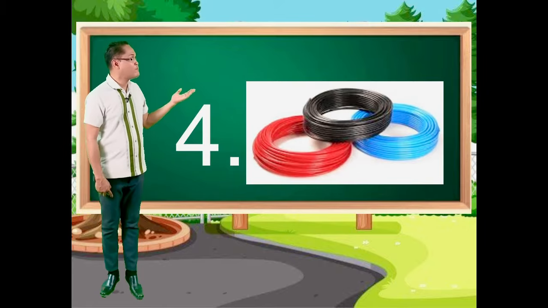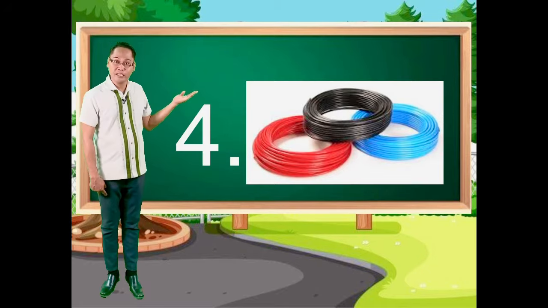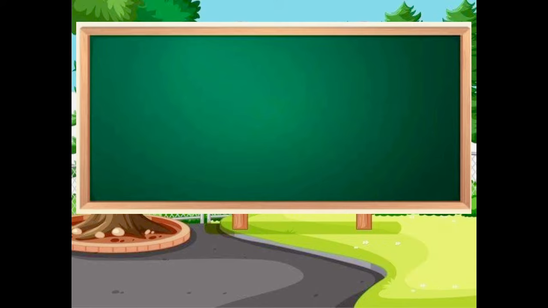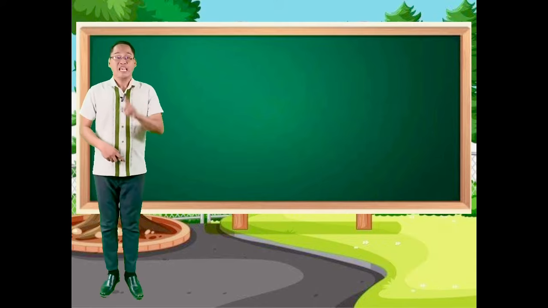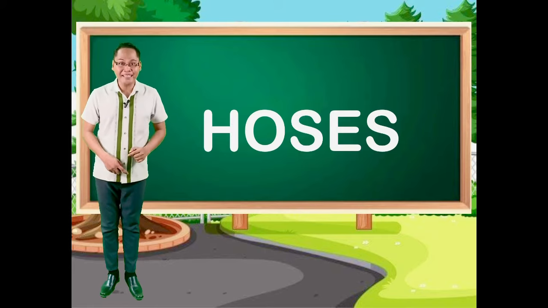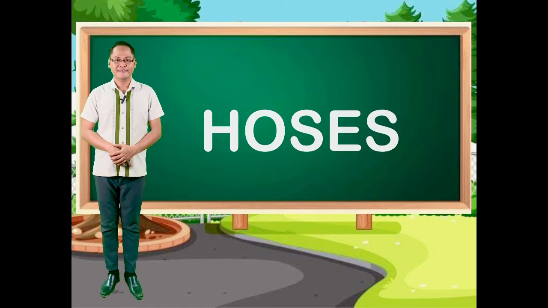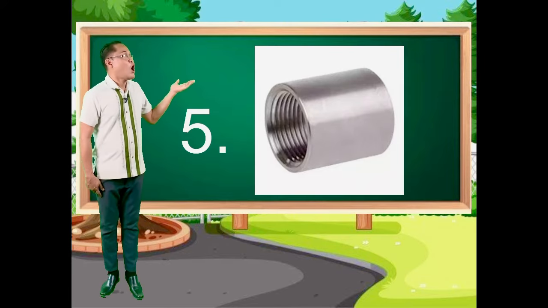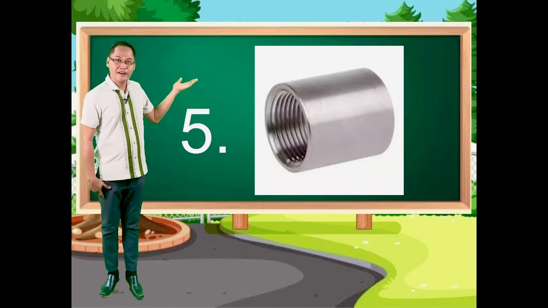What is the name of the irrigation material in the picture? If your answer is hoses, then you got it right. Number 5. What is the name of the fitting in the picture?